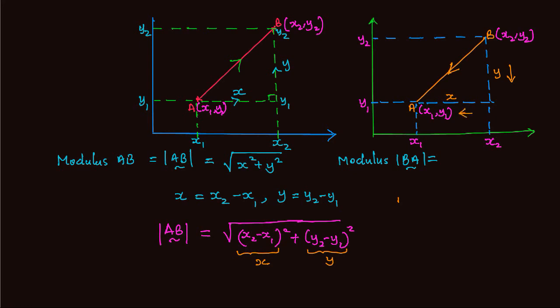Because of the change of direction, y will be negative and x will also be negative. So BA will be the square root of negative x squared plus negative y squared, and this still gives us the square root of x squared plus y squared.